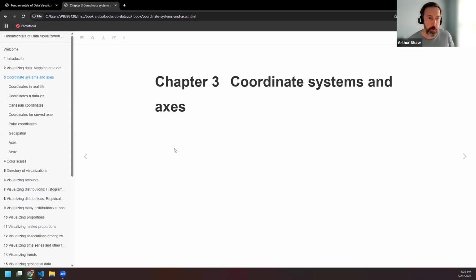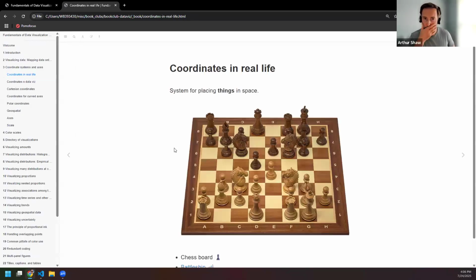Having it, and it has to do with, as you can see on the screen, coordinate systems and axes. Not the most riveting of topics, but it is pretty interesting, and this chapter left me wanting a little bit more, and maybe we'll come to that at the very end. So I'll go through things in a different way than the author did.